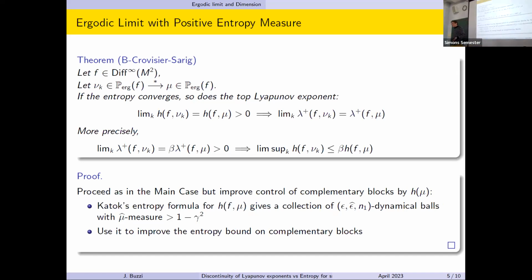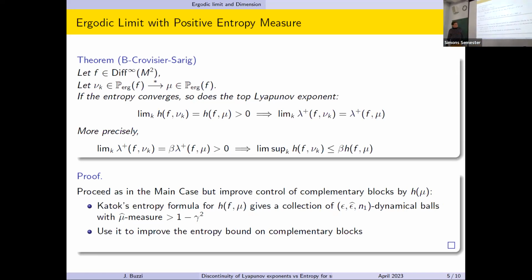And the proof is essentially the same as what we saw, except that during the complementary intervals where we used the topological entropy, you use the Kaplan formula for the entropy of mu.